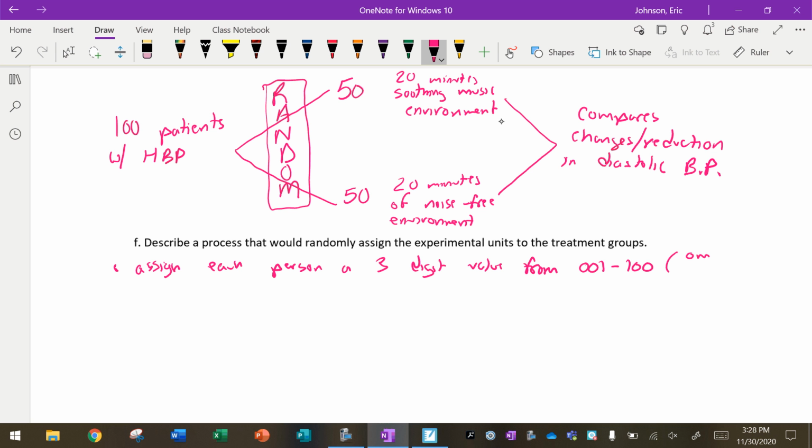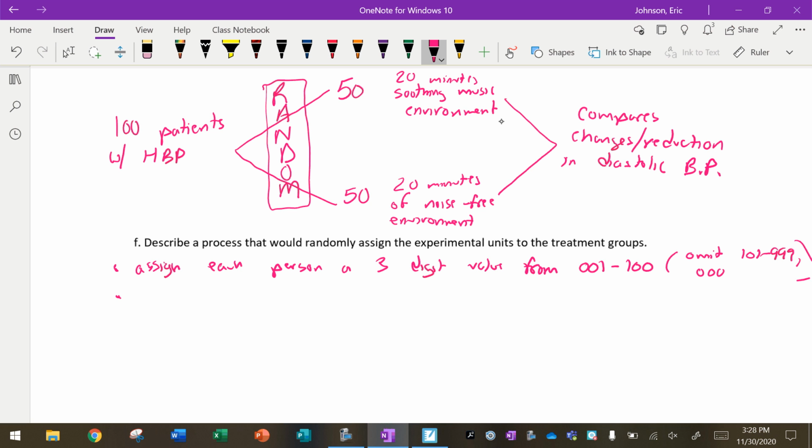We're going to omit 101 to 999 and 000. I'm trying to stay consistent with what was first established back in simulations, which was carried over into sampling design, and now carries over into experimental design.